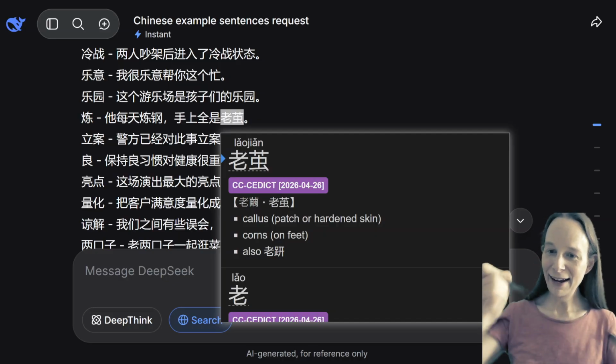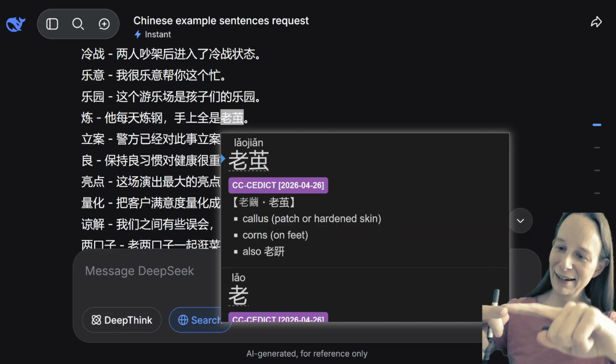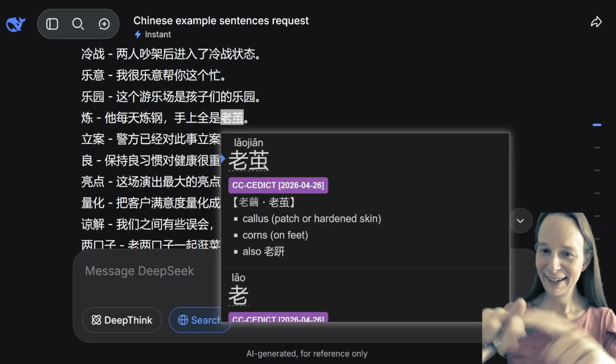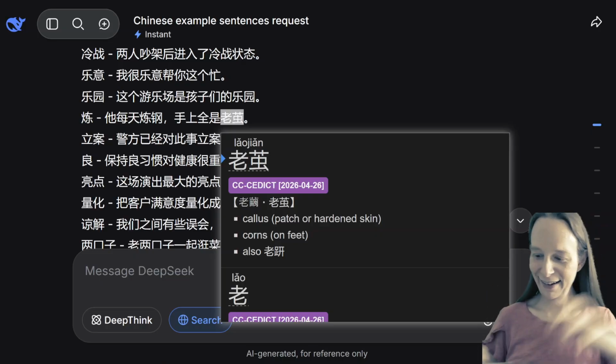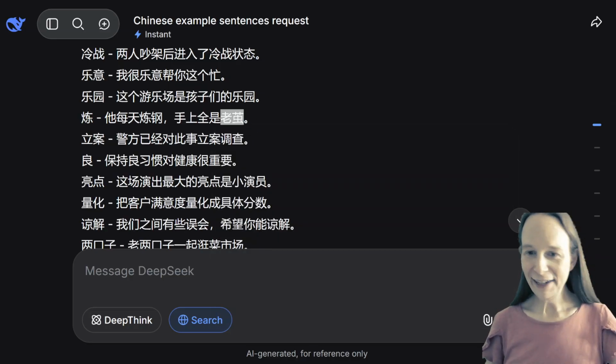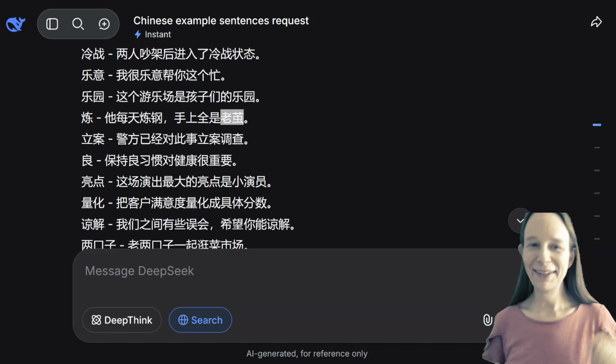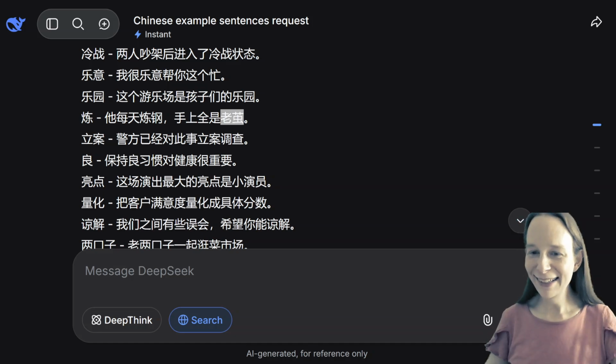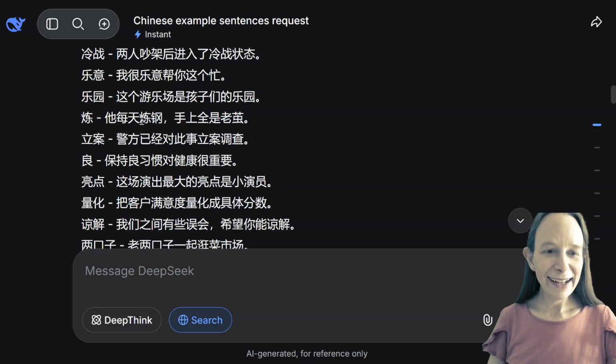Because when I write like this, my middle finger has a 老茧. But yeah, I used to work in a factory, and the calluses you used to get back then were quite different.